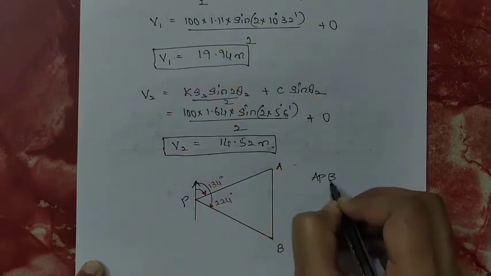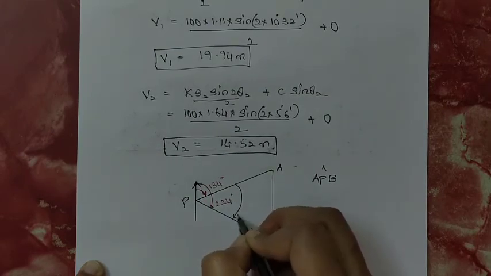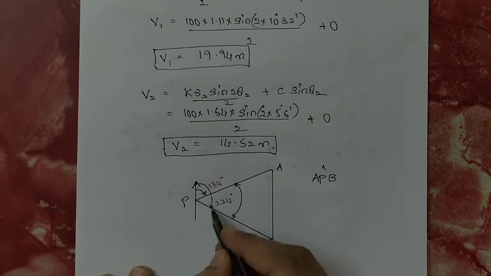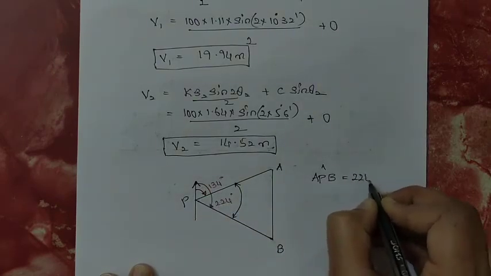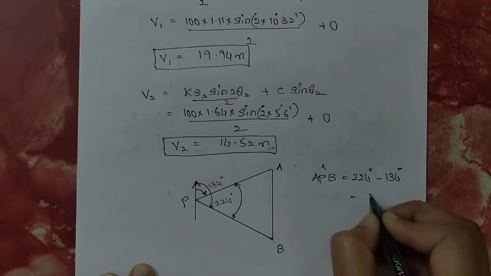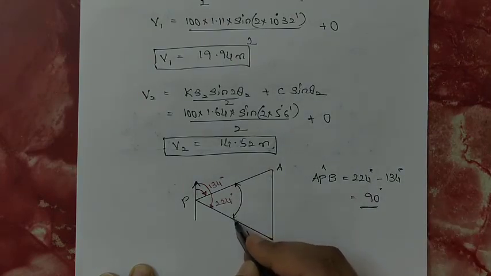Angle APB will be equal to this inside angle. It is given by the difference of these two angles, that is 224 degree minus 134 degree. You will get 90 degree. Okay, the inside angle is 90 degree.